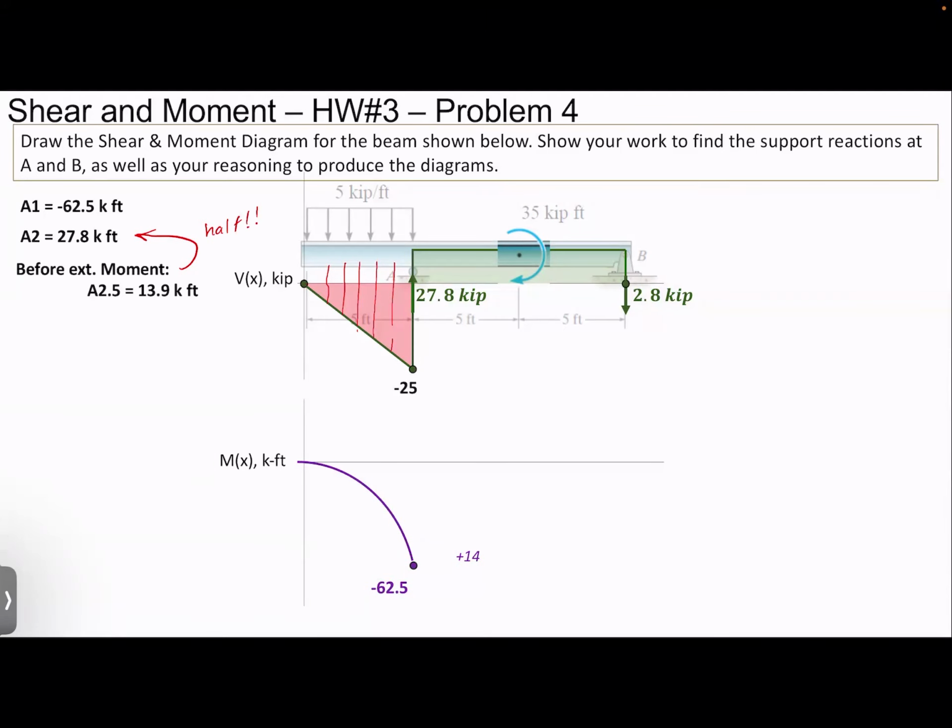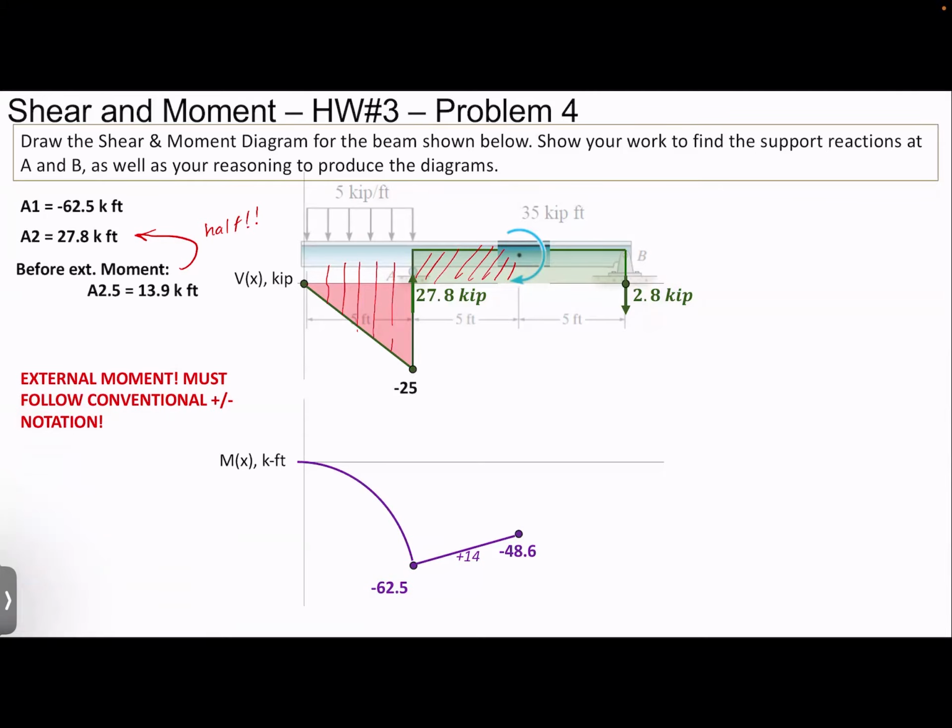Half of that, because we're only talking about this area before we get to this point. So this is going to be 13.9 kip or 14. And right, since it's rectangular, it's going to look like this slope. And then right when we have this 35 kip foot, we have a positive moment.